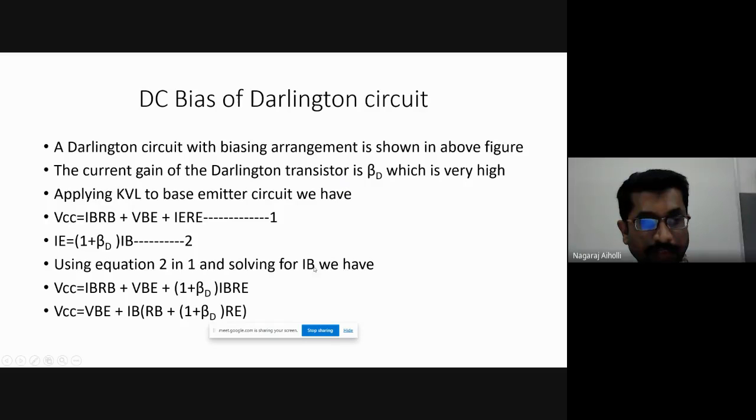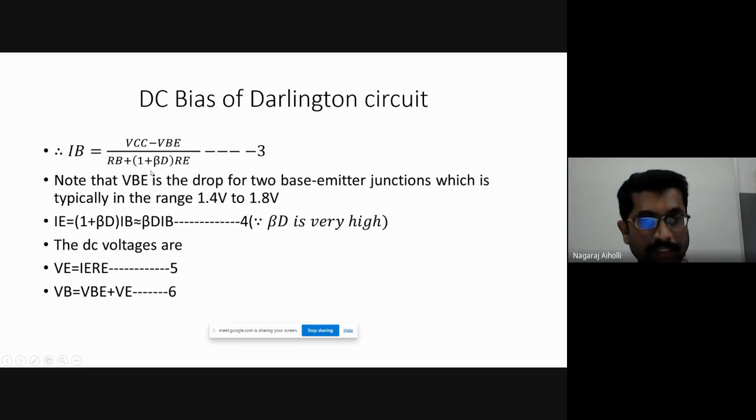After the DC analysis, we got the base current equation: IB is equal to VCC minus VB divided by RB plus (1 plus beta D) into RE. Then VE is equal to IE RE. Then VB is equal to VBE plus VE.